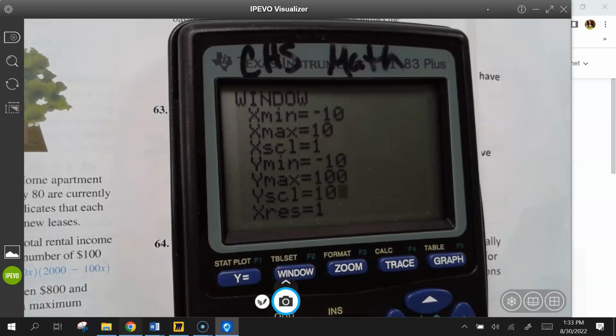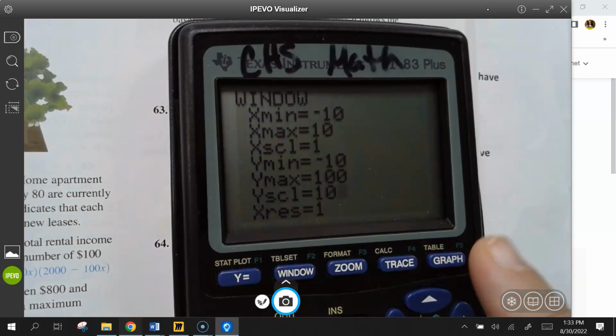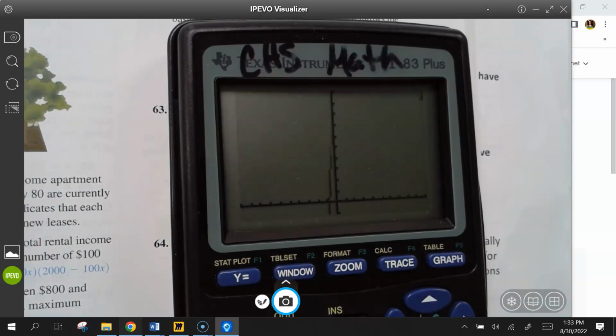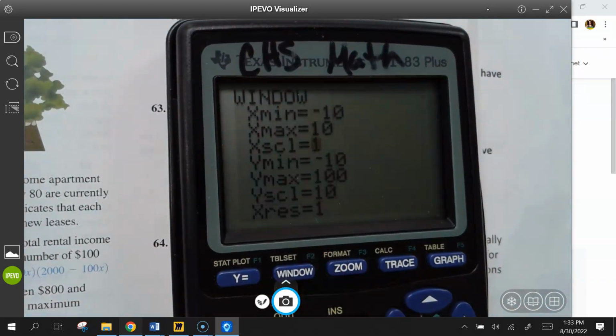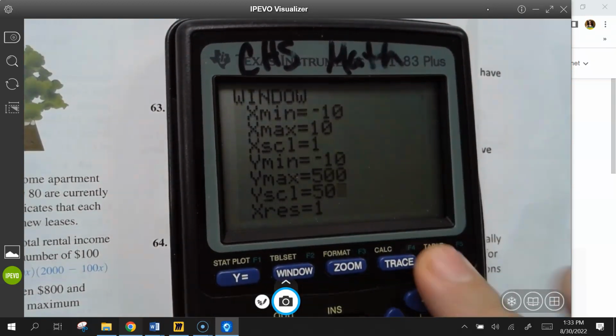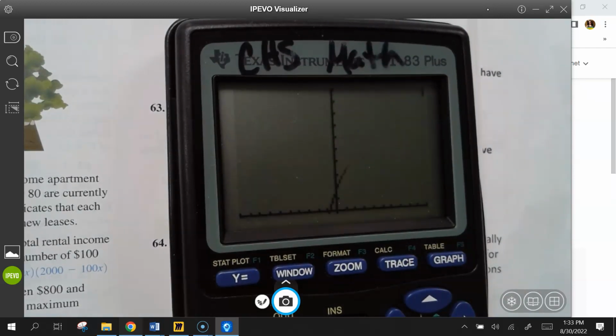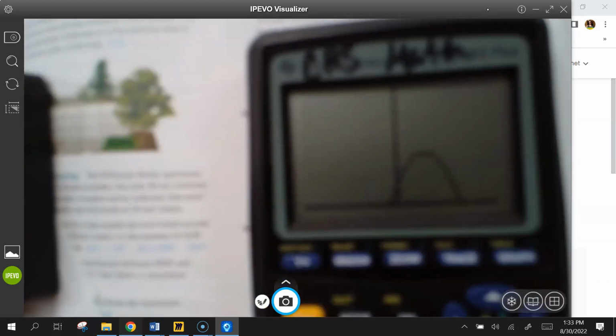I might change the scale to 10 so it gives me a tick mark every 10, but that's not really impacting. I still can't see it. Let's go to 500. And I'll go by 50 on my scale. There we go.